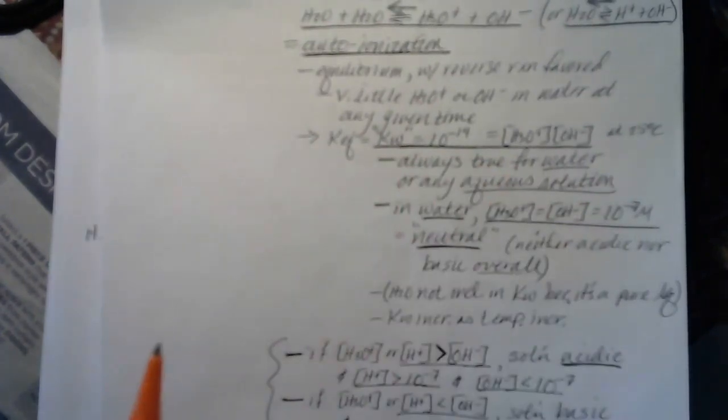If you add a base, the OH- concentration is going to go up, but the H3O+ concentration is going to go down. And one times the other is still 10 to the minus 14. So that's something that's important to remember, because that's true of any aqueous solution at 25 degrees Celsius.